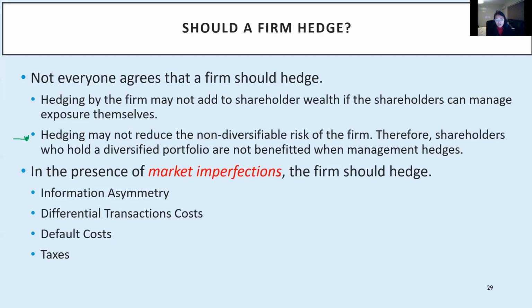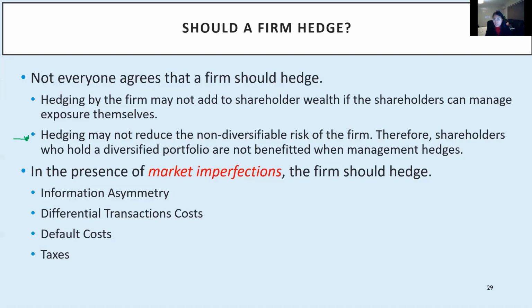Now, on the other hand, people argue that sometimes it's better for the firm to hedge rather than leaving it to the market or to the shareholders, because sometimes it's cheaper for the firm to do so, okay? So for example, in the presence of market imperfections, maybe it's cheaper for the firm to hedge relative to the shareholders, okay? So one example I can think of is the economy of scales. When a firm buys a forward contract they can do that on a wholesale level.